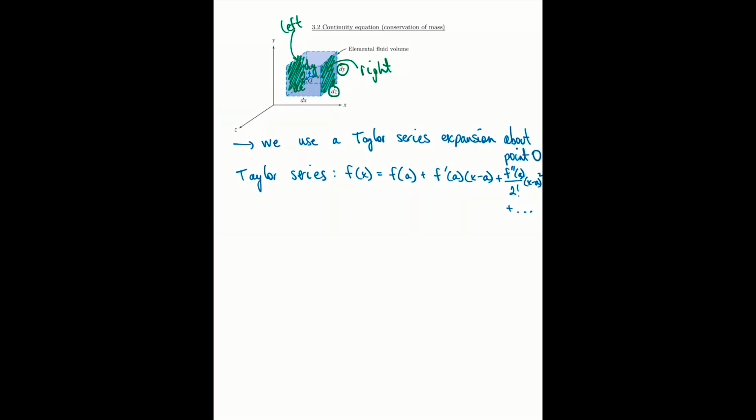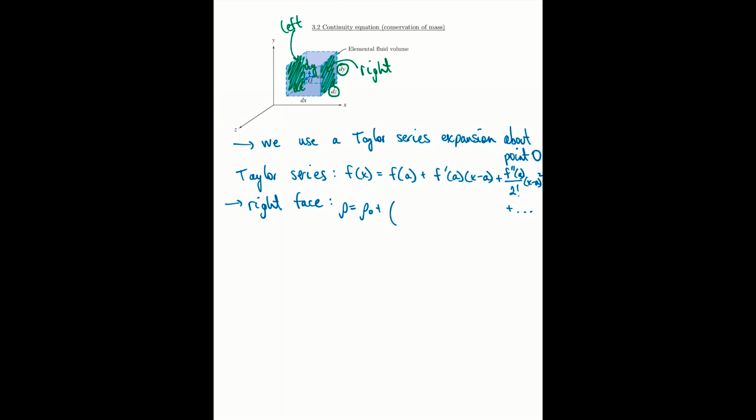So what we want to know is the density at the right face. So we do that first. What's the density at the right face? We're going to need this to do our mass balance, of course. So the density is, I'll use my Taylor series expansion. So if I have the density at point O, I need to add then the second term there, so that's f prime a.